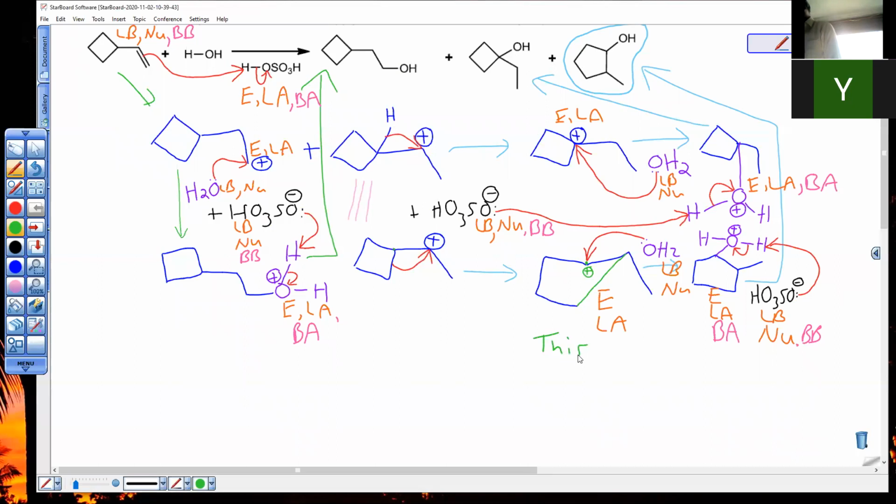This C plus, you don't even have to write carbocation, you can write C plus, has much less angle and torsional strain than the other C pluses.